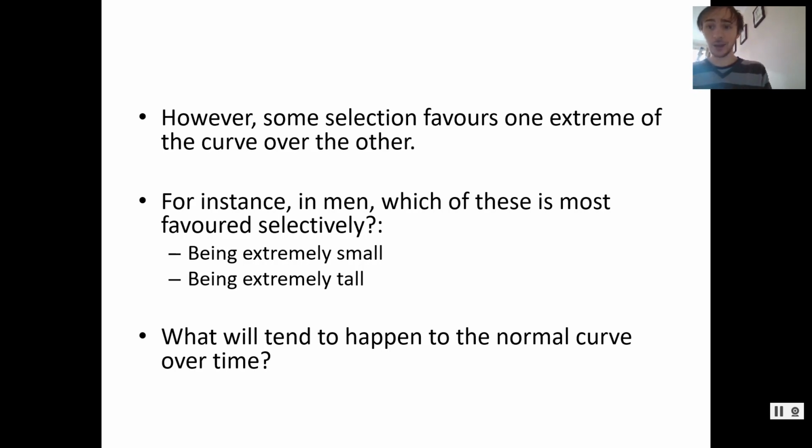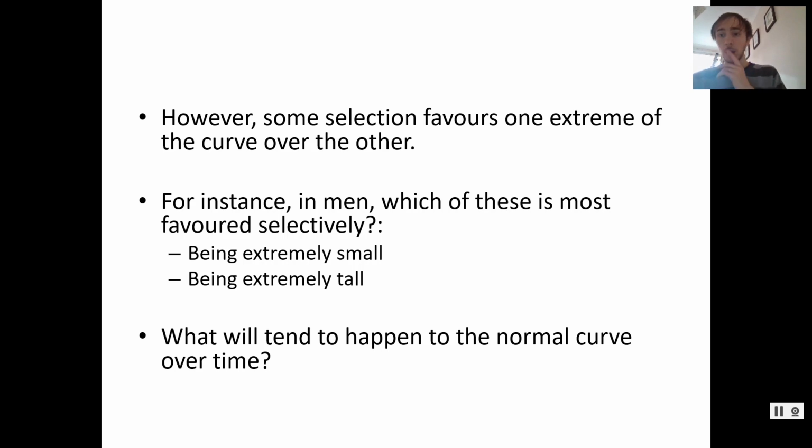Sad to say, for extremely small people, it is true that being extremely tall is more favoured genetically than being extremely small. Because of various biases and just different levels of attraction people feel to other members of the species, more tall people tend to have more children than very small people. There are exceptions. But then what should happen to the normal curve over time?